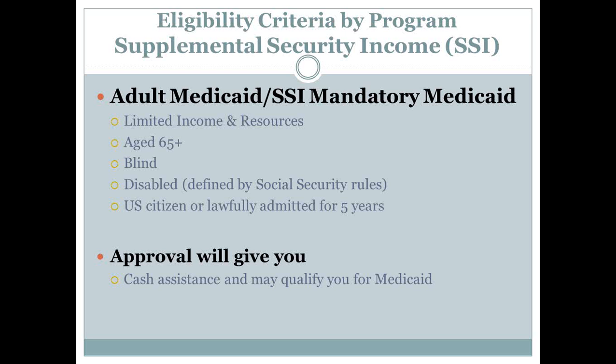For all of these programs, you have to be a U.S. citizen or lawfully admitted for 5 years, and that is done by a green card or by lawful admission for work, a work visa, things like that.